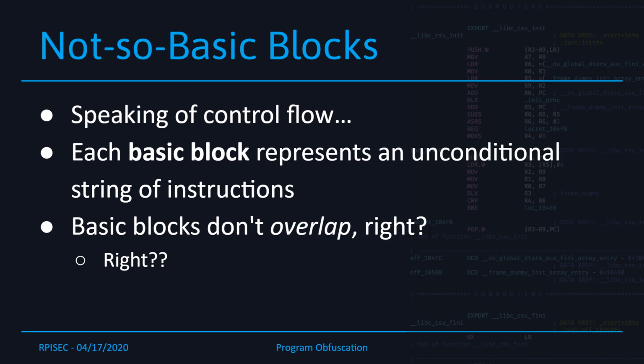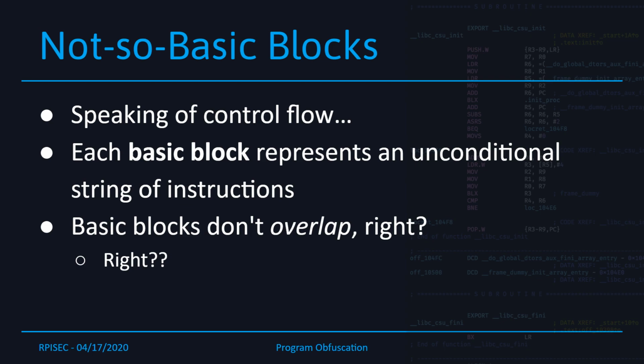And speaking of things that are not as they seem, we're probably all familiar with basic blocks. Basic blocks are a sequence of instructions that you go from the start to the end, and then at the end of the block, there's some kind of condition or some kind of jump. So it might be some arithmetic and some stuff, and then it'll have a comparison, and it'll jump to two different places.